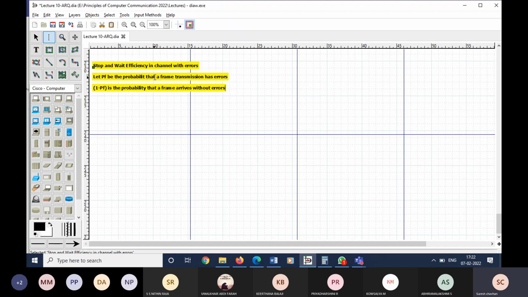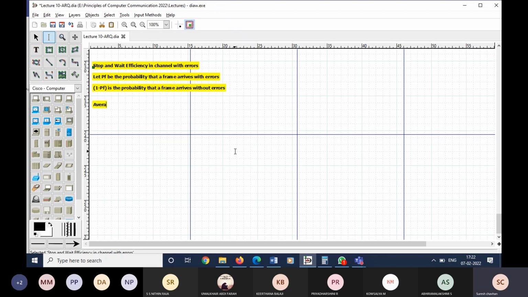You can rewrite this also as probability that a frame is with errors. And 1 minus PF is the probability that a frame arrives without errors. Correct.